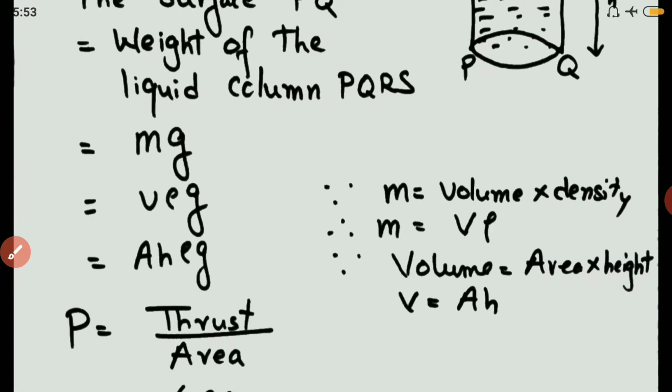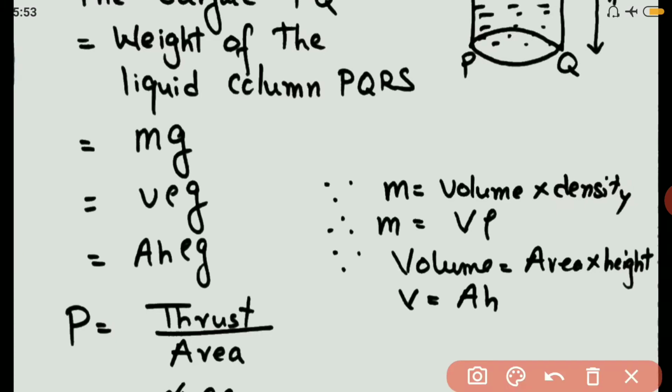Hence I am getting volume equals area into height, so V equals A h. Replacing the value of V, I shall get A h rho g.